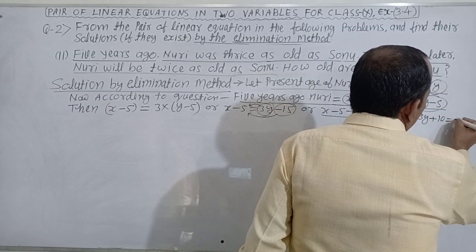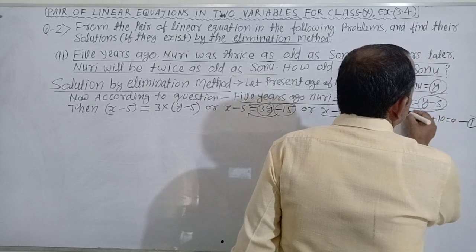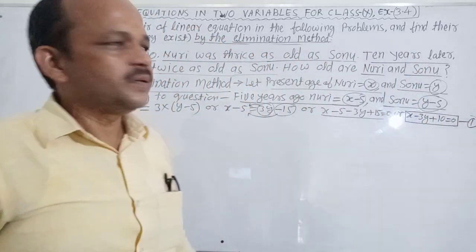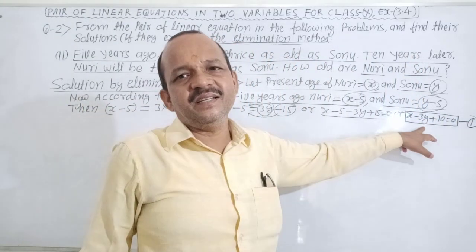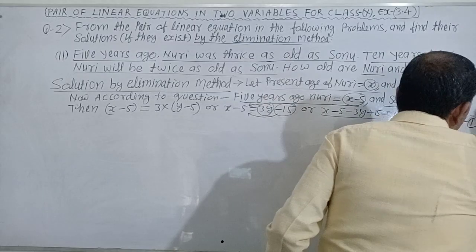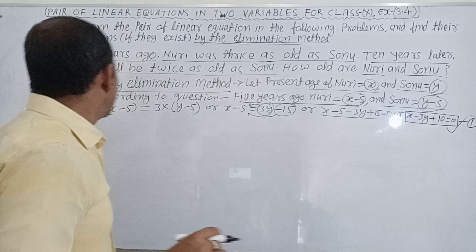Plus 10 equal to 0. It is equation first. Equation first is clear. No confusion about it. Very good.